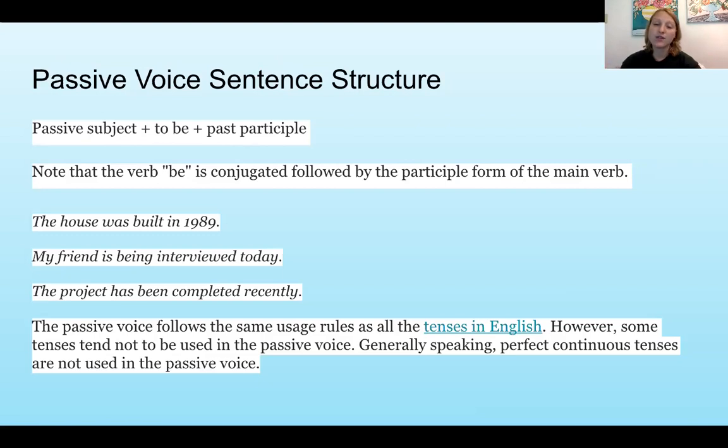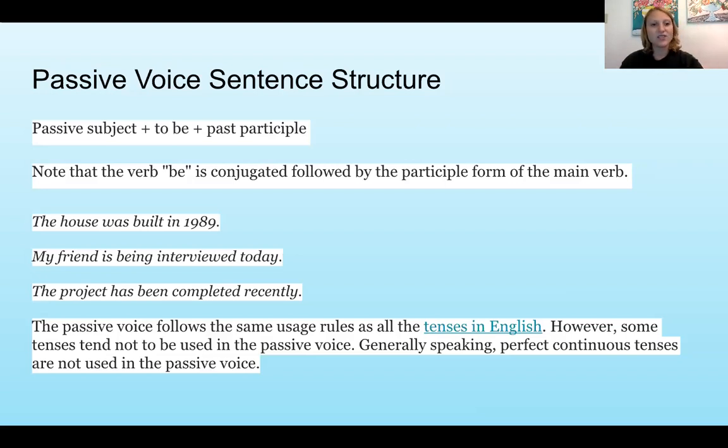And we need to know that that verb be is conjugated by the participle of the main verb. So remember all of our be verbs: am, are, be, been, being, can, could, did, do, does, has, have, had, is, may, might, must, shall, should, was, were, will, would. All right. A lot of you have heard that song before, and it's one of my favorite ones I learned in 8th grade, and it's still up there.